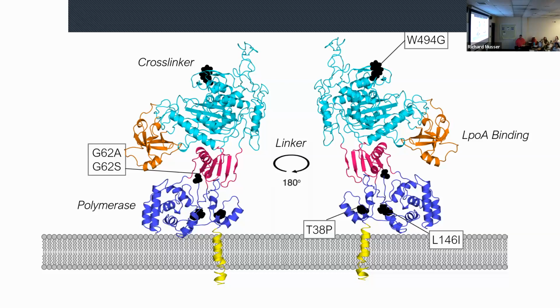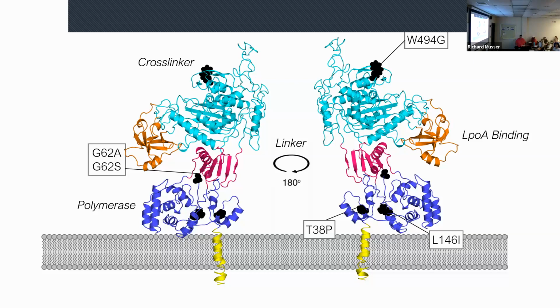And he also identified the G62S mutation as a mutation that allowed Pseudomonas PBP1A to be active in the absence of Pseudomonas lipo-A. So this genetic conservation of bypassability said to us, this is probably the mutation that is getting to the core of lipo-A function. So this is the one we decided to move forward with.